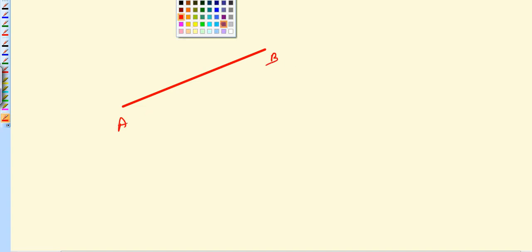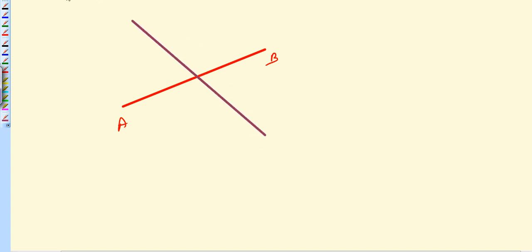Next is intersecting lines. This is your line AB, and this is your line CD. Now as you can see, these two lines are intersecting each other at this point.